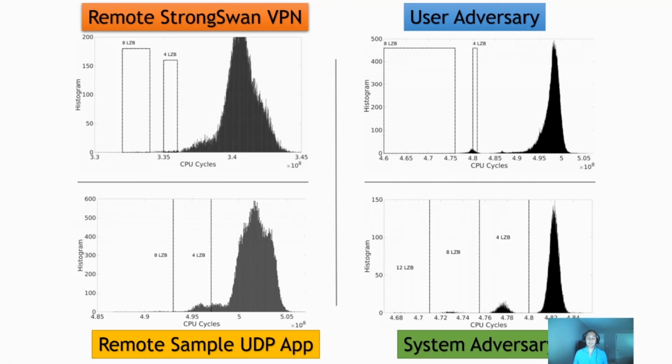So just a recap on our results, which we also analyzed more thoroughly in the paper: the attack is successful in many different scenarios, from a system-level adversary up to remote attacks. The further you are from the device, the more noise your timing measurements have, so you may need to collect more signatures.